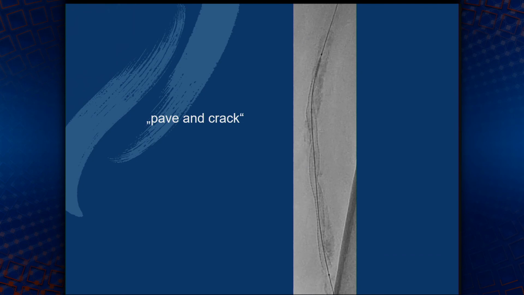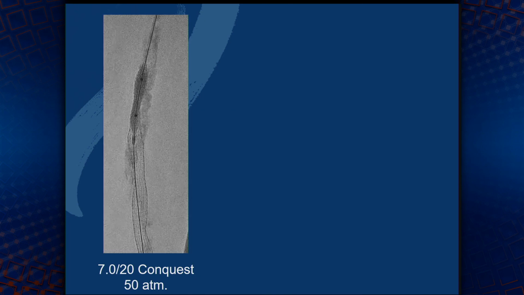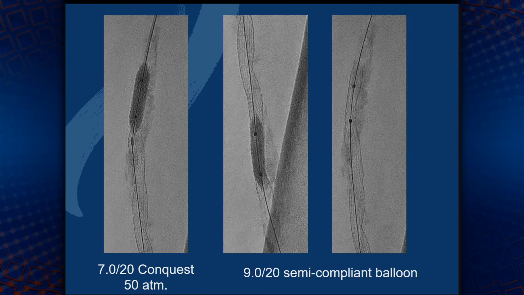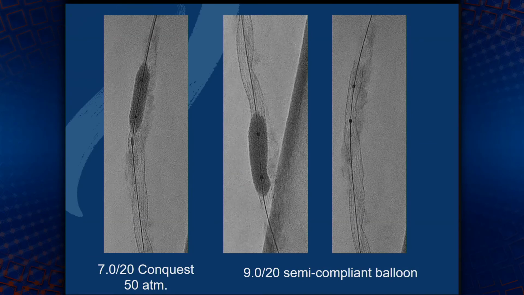Here in this picture, you can see the implantation of the 7 millimeter Viabahn through the calcium, and aggressively dilating with a 7 millimeter Conquest balloon. In the next pictures, you can see the calcium.